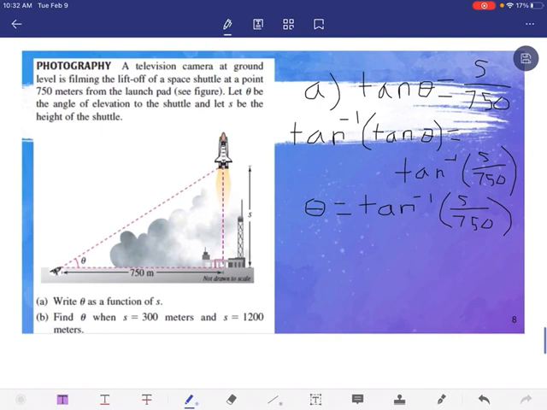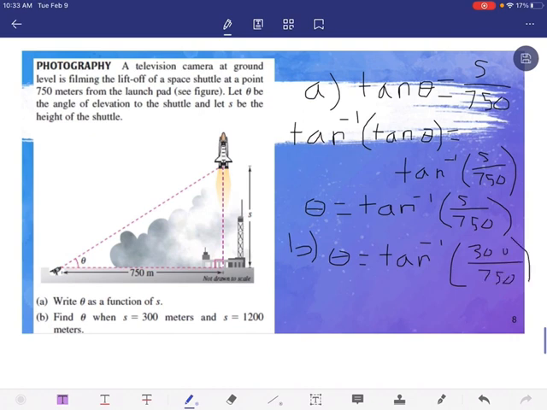Now, part B just asks us to evaluate this when it is 300 meters away and when it's 1,200 meters away. So all I'm going to do for this is plug in those two values. So I would have tangent inverse of 300 divided by 750.